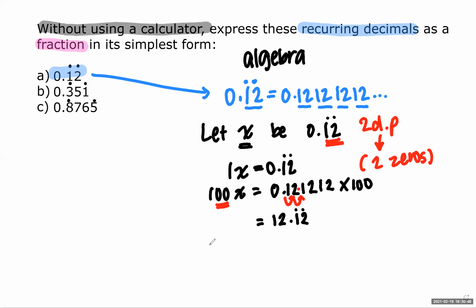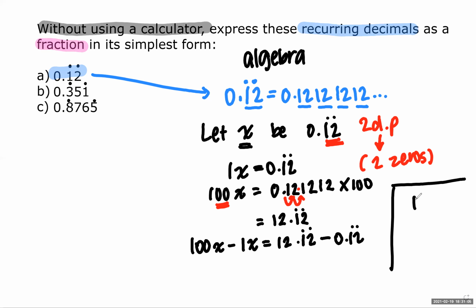The reason why I want to find 100x is because I want to get rid of the recurring decimal. So what I'm going to do right now is take 100x minus away 1x. So 100x has a value of 12.1212 minus away 0.1212. An easy illustration: 12.12 minus 0.12, when you minus them off, the decimal part is gone.